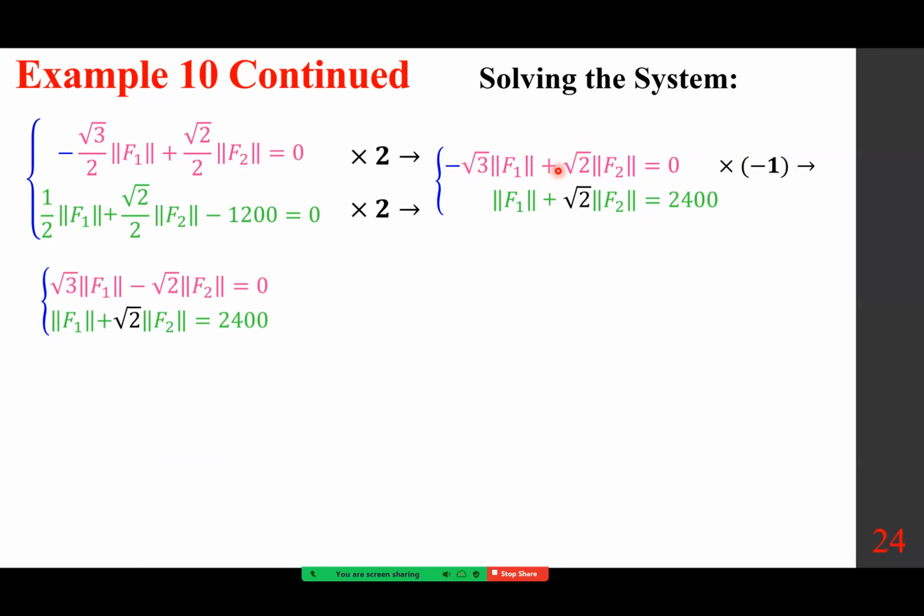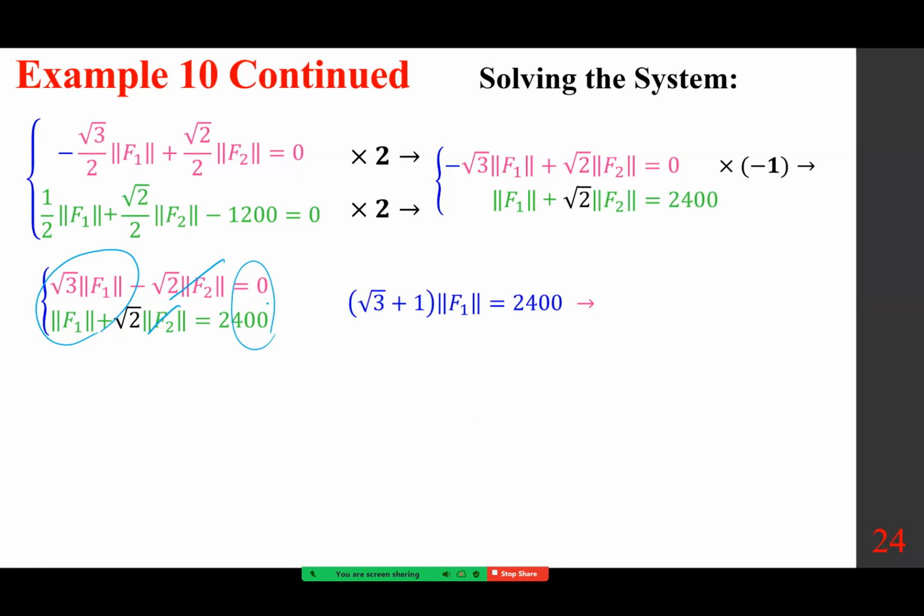And now, when we add up these two, these two cancel each other. These two add up. The way you add them up, if you want to keep it exact, you would write square root of 3 plus 1 times the magnitude of F1. The right side, just 2400.